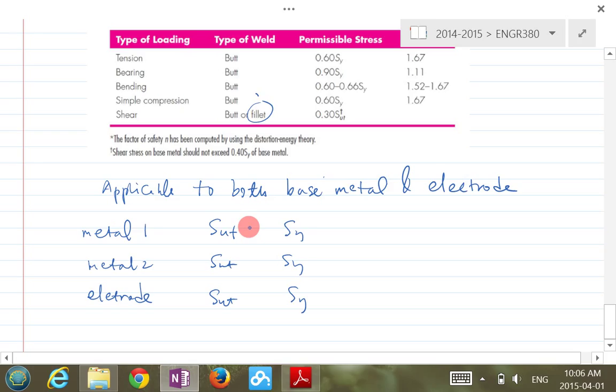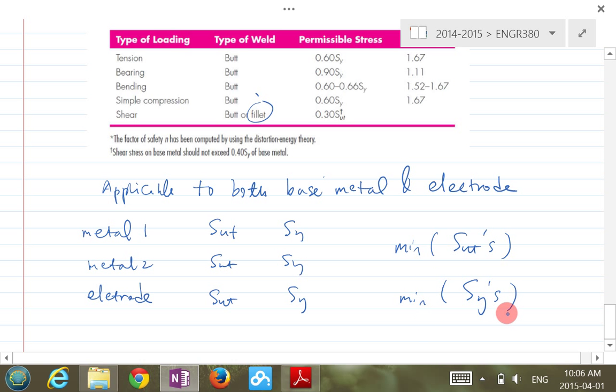Then when we try to find the allowable stress, we find the minimum value of all the SUTs, and the minimum value of all the SYs.